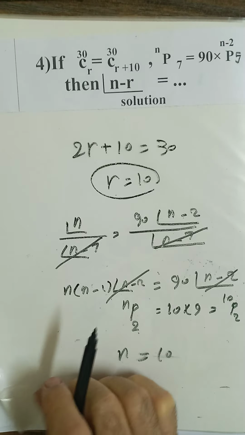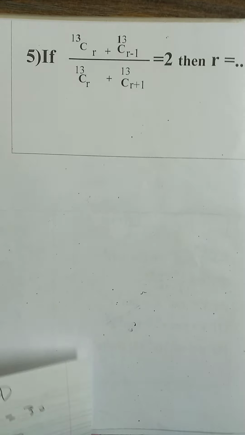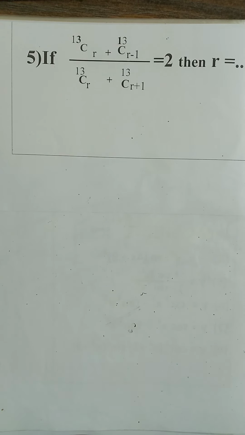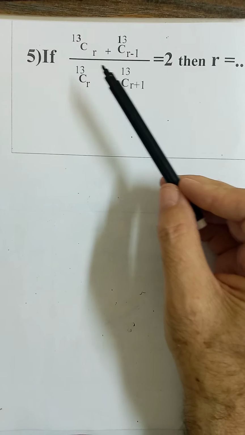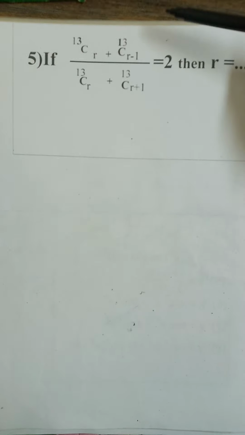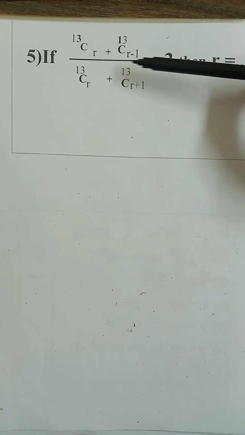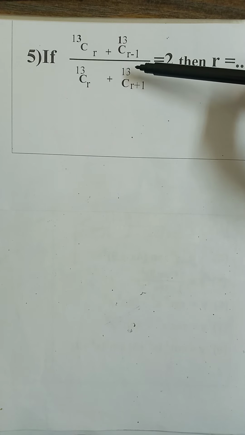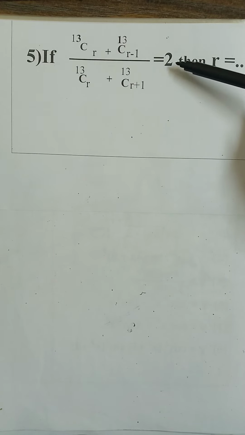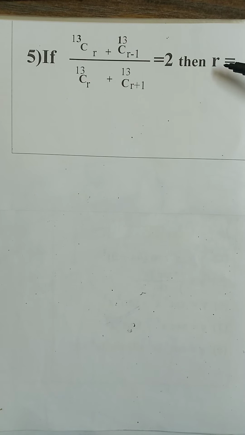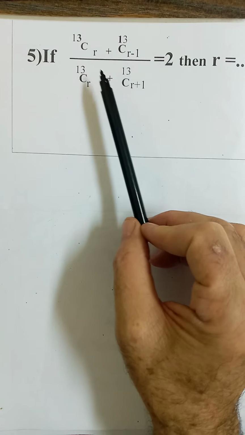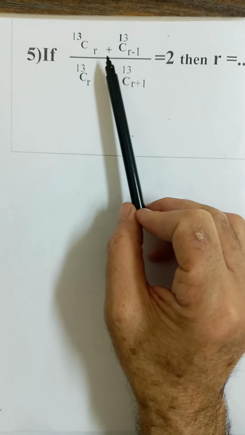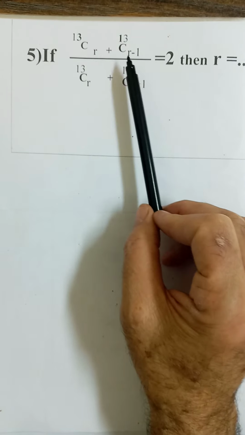Number 5. Fraction left hand side equals 13CR plus 13CR minus 1 over 13CR plus 13CR plus 1. This equals 2. Find the value of R. You can add this by a rule. We took a rule for adding two combinations.